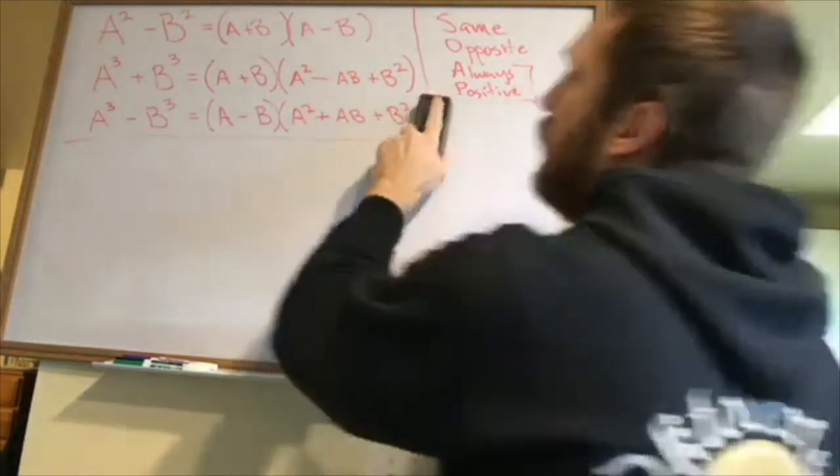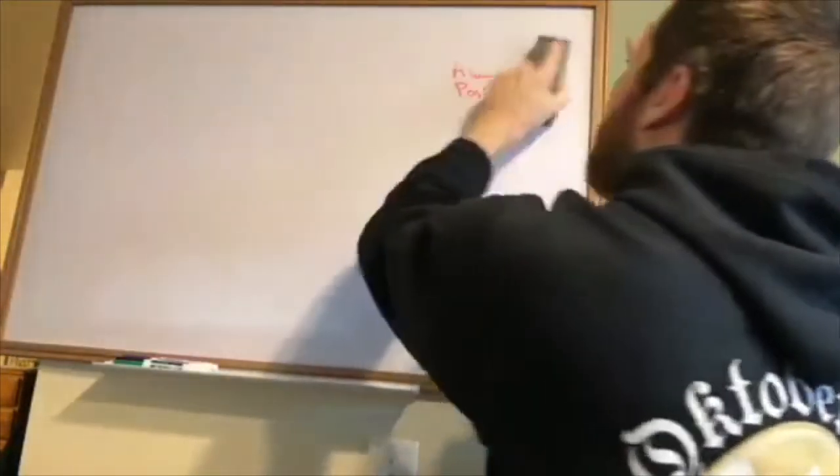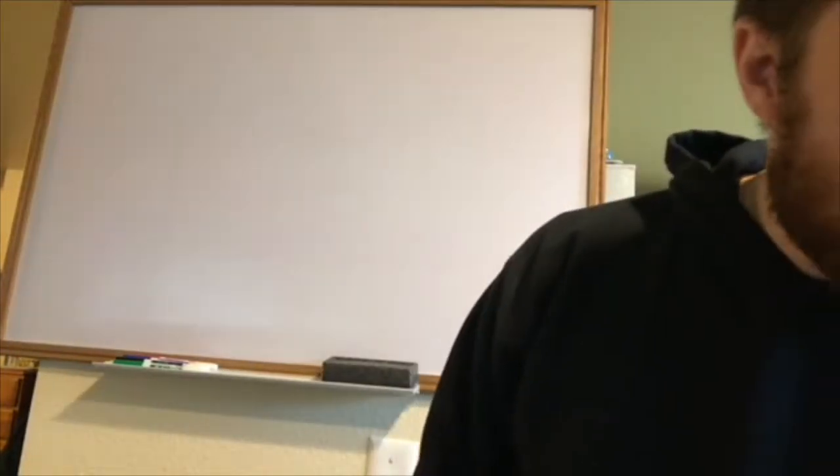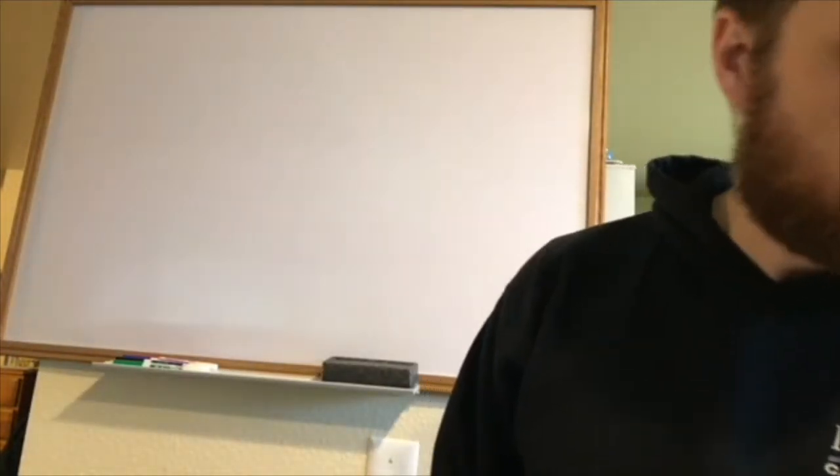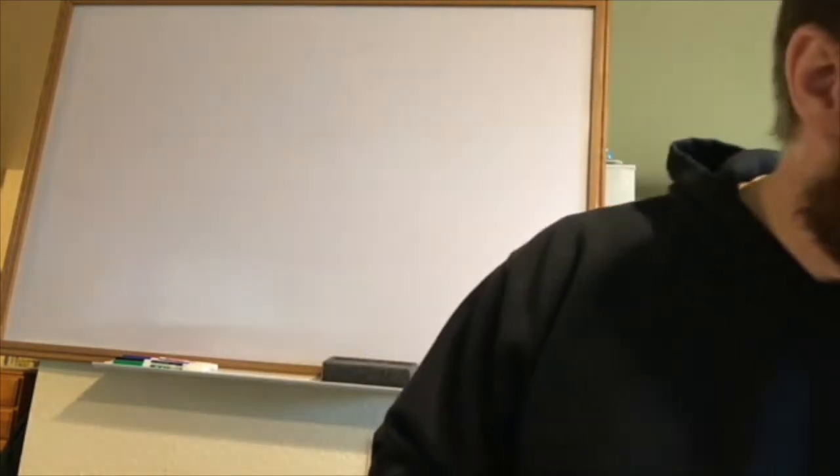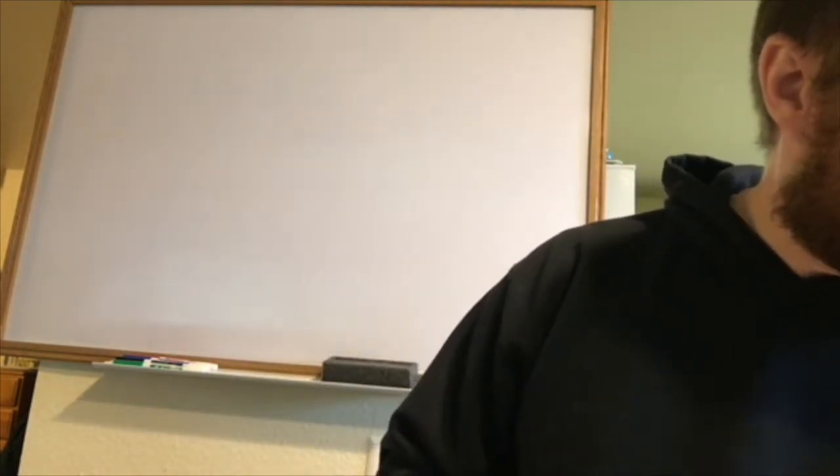Now, the majority of what you're going to be doing for the rest of the homework, and pretty much whenever you factor things, is unfoiling, basically. And we talked about this last time. So let's do a couple examples. So we have that right here.